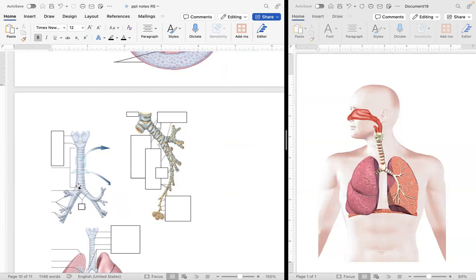So the air is more likely to go from trachea to the right lung. And then this main bronchi branches into the secondary, or also called lobar bronchi, which you can see, for example, here or here.